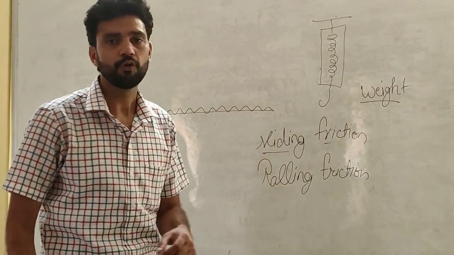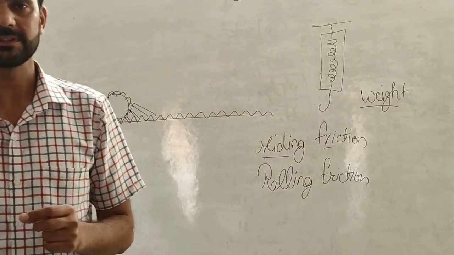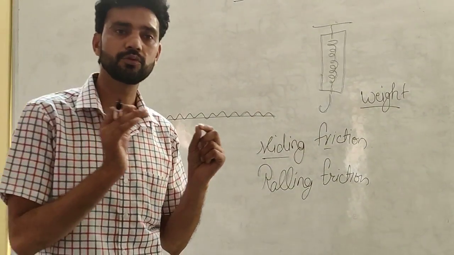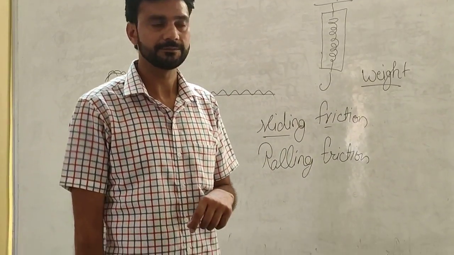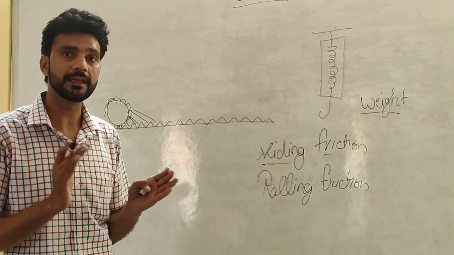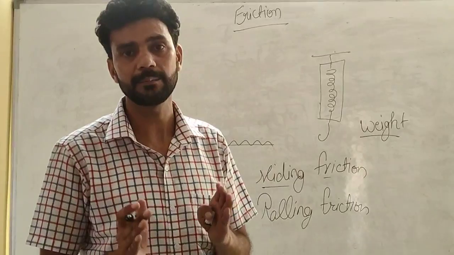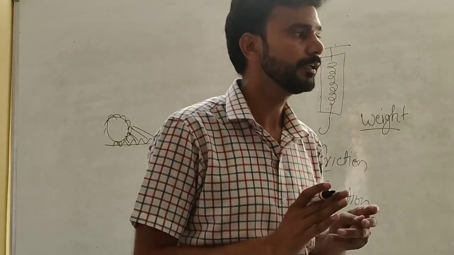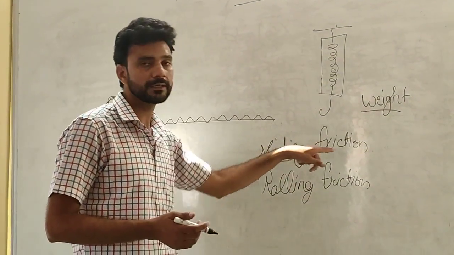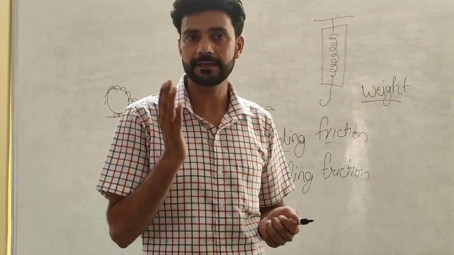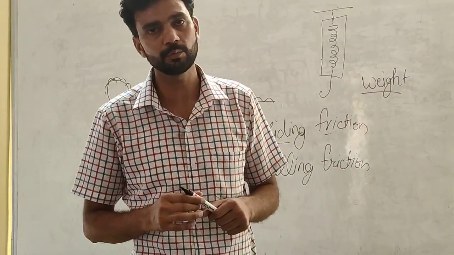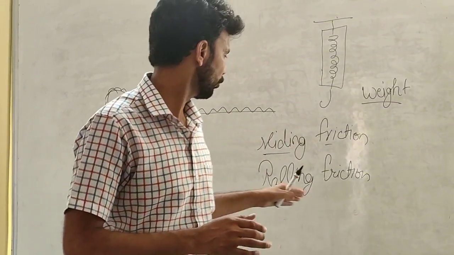Sliding friction: when one object slides on another object, the force which opposes the motion is known as sliding friction. And when an object rolls on another object, the force which opposes the motion is known as rolling friction.